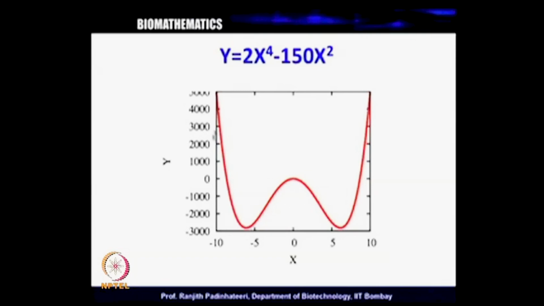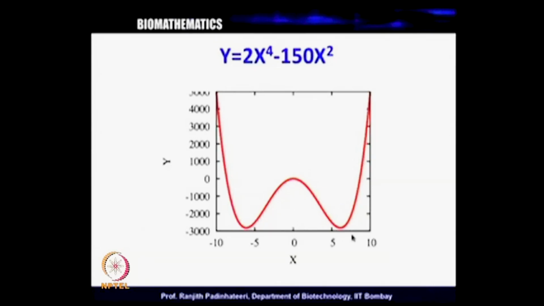So let us just quickly calculate the derivative of this function and see whether these points are indeed the right points. Have a look here. This is just above 5, something close to 6. Here also it is just above 5, and this maximum is at 0.